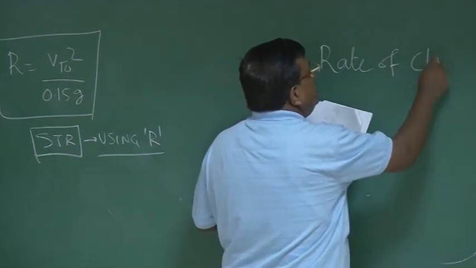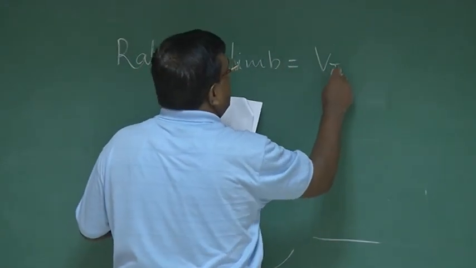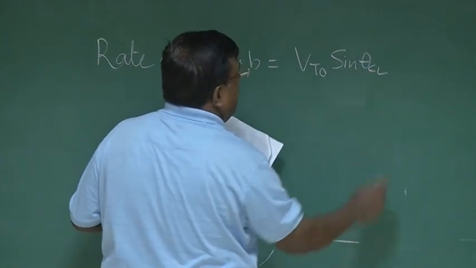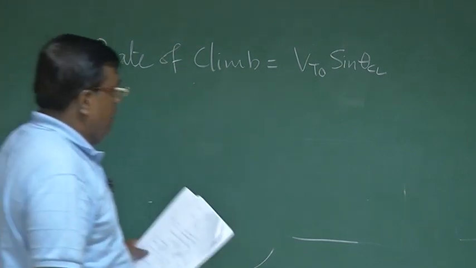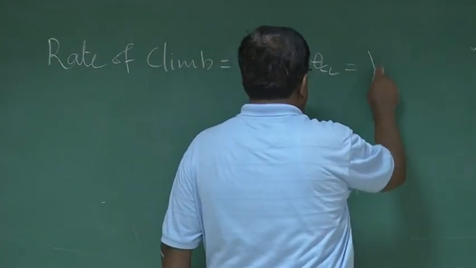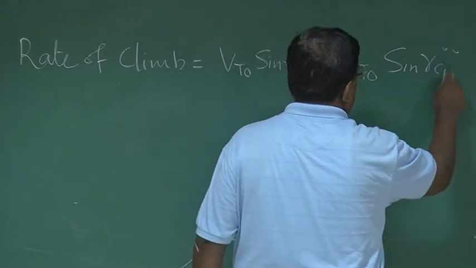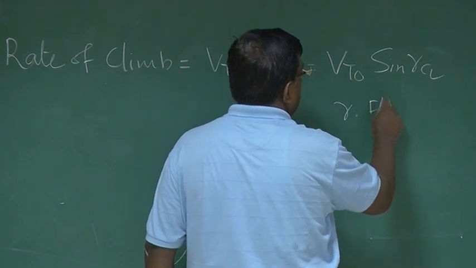Rate of climb was defined as V takeoff sine theta CL. To be more precise, I will prefer to write it as V takeoff into sine gamma CL, because for us, gamma is the flight path angle.